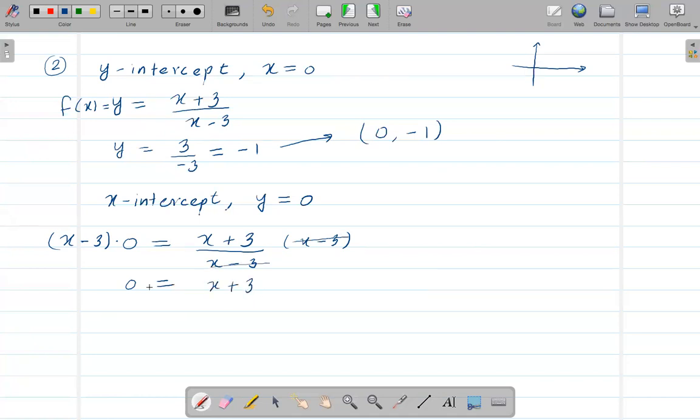Moving this to the other side, x equals negative 3. Here, I'm just writing int to mean intercept. If we change this to point form, it will be (negative 3, 0). So this is the x-intercept.